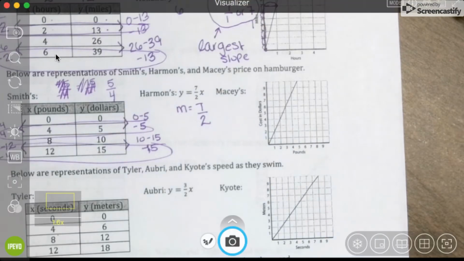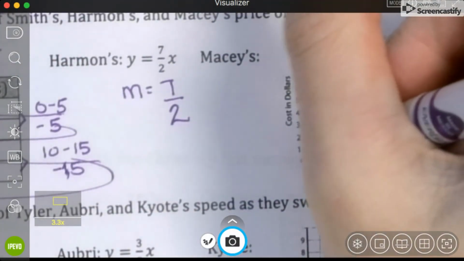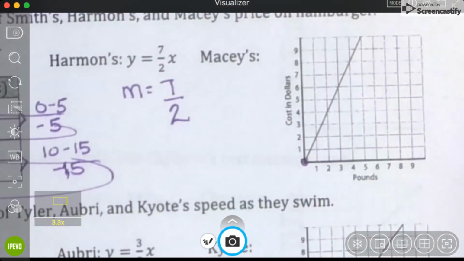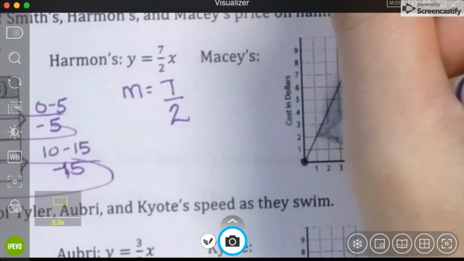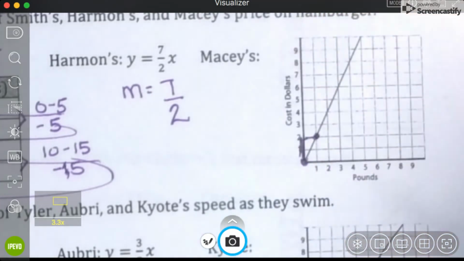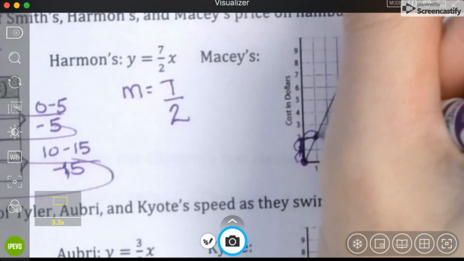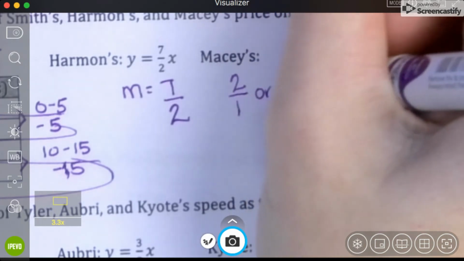If you look at it, it looks like there is one at the start, and then the next one isn't going to be, oh, I'm thinking of a different problem, just kidding, it's right here. So up and over, that's 1, 2, and over 1, so it's 2 over 1, or 2.